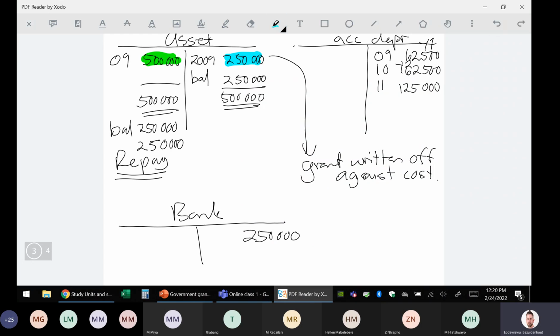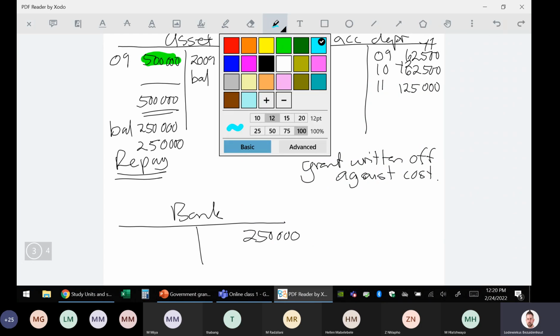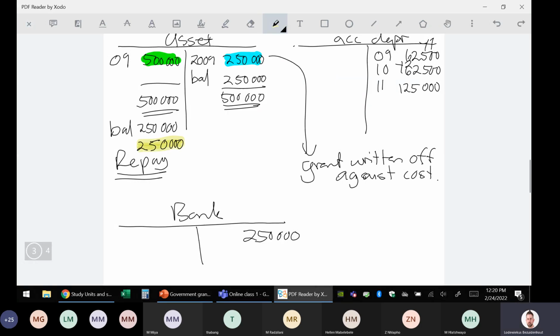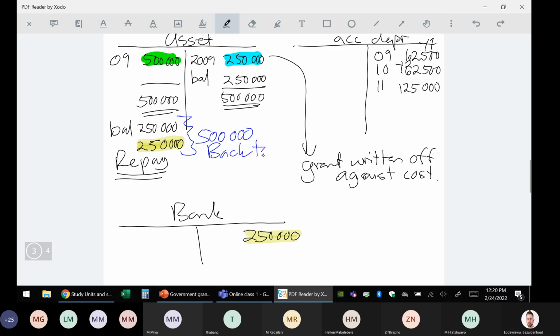Because the grant is repaid, and we originally deducted it from the cost of the asset, we have to increase the value of the asset again. So what is the value of our asset now? It's 250 opening balance plus the 250 repayment. So it is back to the original amount of 500,000.